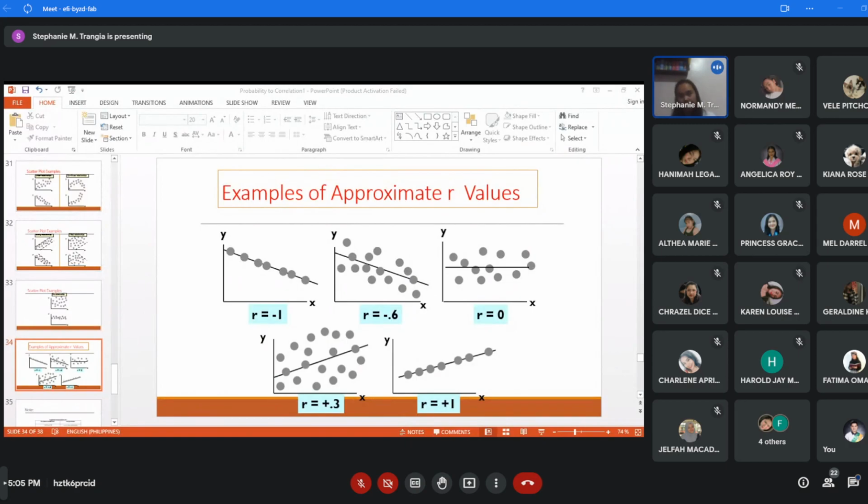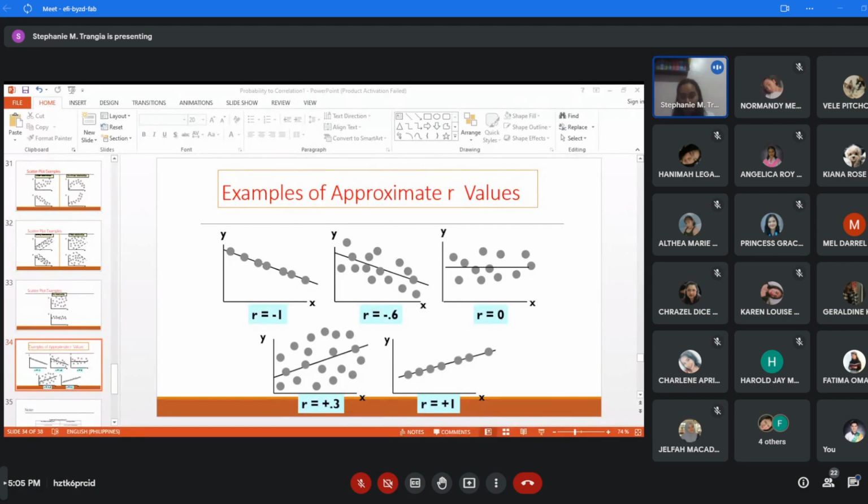Just like your study hours cannot predict the number of milk teas that you drink. There is no relationship between the two. If your data points have an upward trend but are quite scattered, then R is positive but close to 0, that's 0.3.